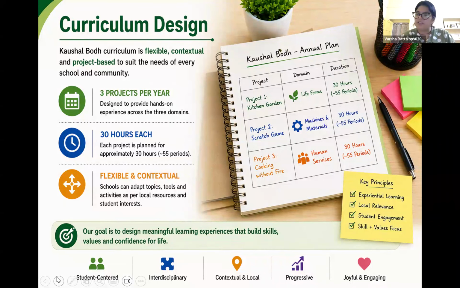So student-centered होना चाहिए. Very important that it has to be student-centered. Interdisciplinary बना सकते हैं हम इसको. We can keep it interdisciplinary. Now, you can also integrate. Suppose you're not able to take out all these 55 periods for a project, we can integrate it with one lesson in social science and science. Right? So that way also it can be taken up. But it has to be contextual and local.